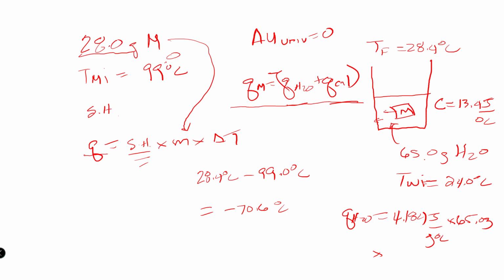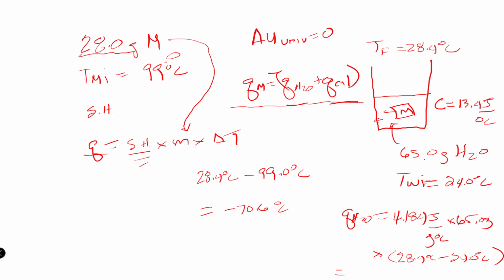And you know the temperature change of the water, which is the final temperature of 28.4 degrees Celsius minus the initial temperature of 24.0 degrees Celsius. So if we multiply that all out, we'll get the Q of the water. So let's do that. And this should be endothermic, right? The heat leaves the metal slug and goes to the water and causes the temperature of the water to rise.